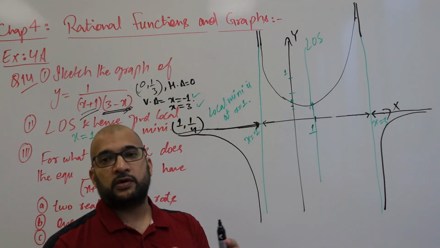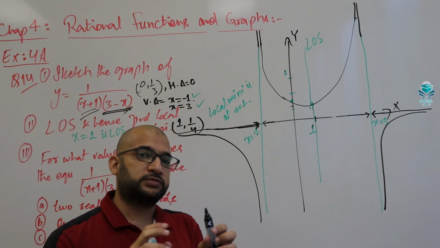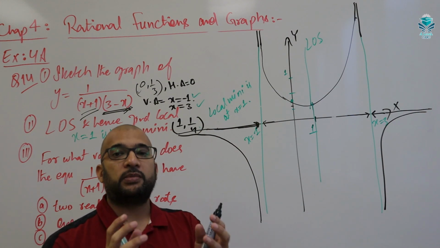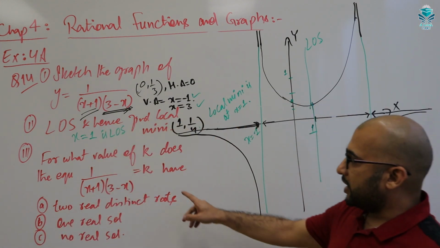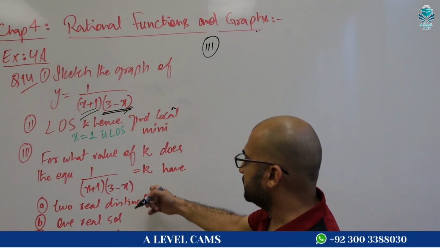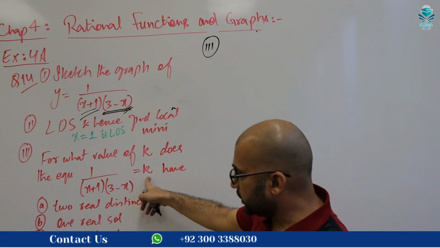Okay, not for the whole function, not the global, but the local, meaning you are observing the minimum or the maximum of the function in a neighborhood of a point. So students, now we are able to find the value of k. For the third part, we have to find the value of k, and you can see that k is the value of the range.